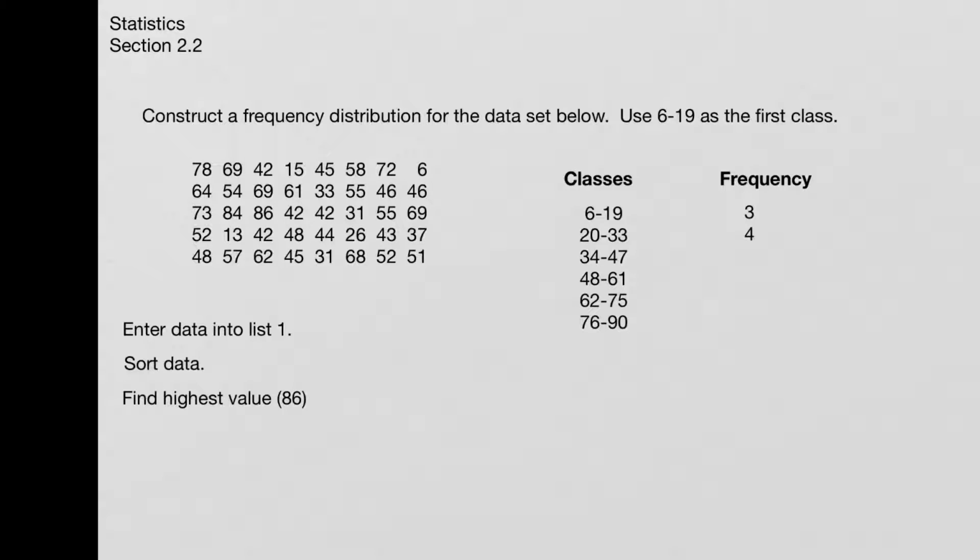So I have 37, 42, 42, 42, 42, 43, 44, 45 twice, and 46 twice. All right, and we only wanted to go up to 47. So let's see, how many would that be? And that's 11, it looks like. Hopefully that's right.